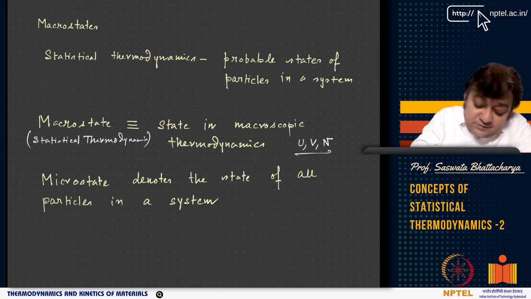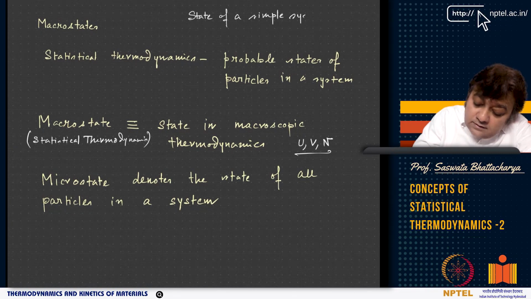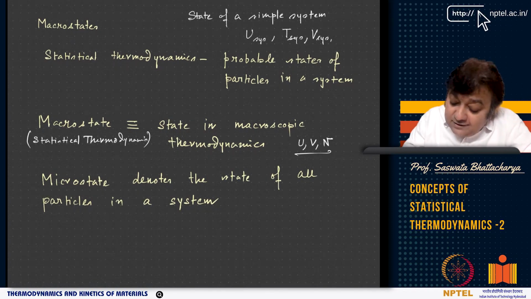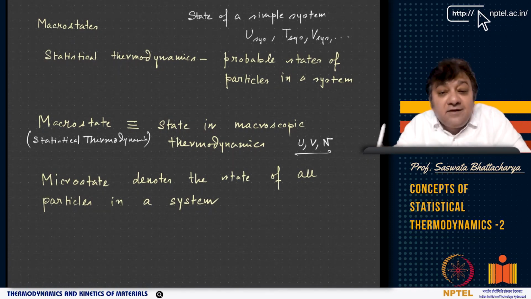So if I'm specifying the state of a simple system, we specify, say, the internal energy of the system, then we can specify the temperature of the system, we can also specify the volume of the system, and so on, right? So in macrostate, this is exactly what we are also doing.